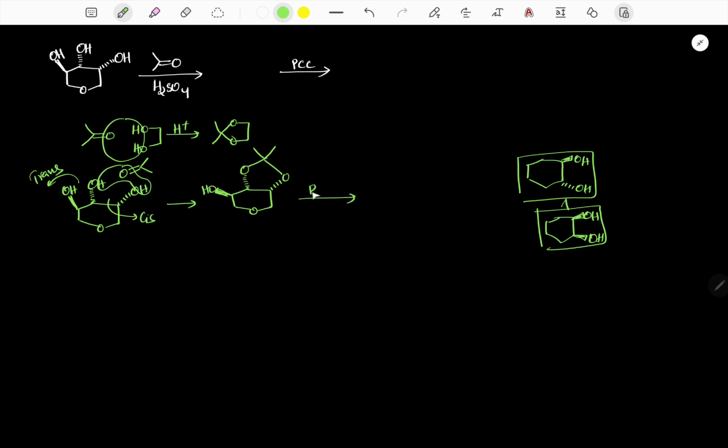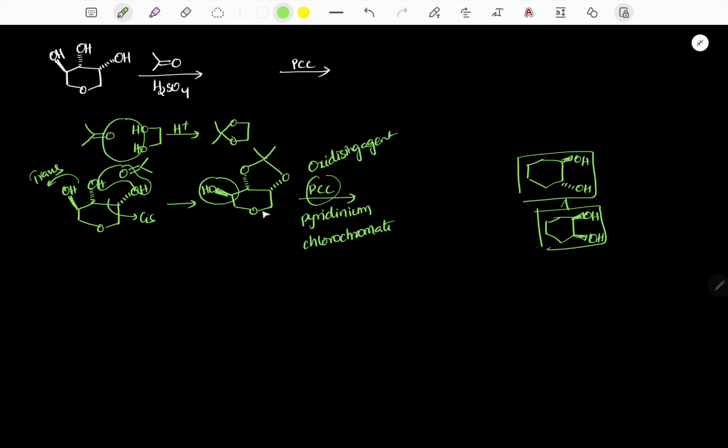Now it is treated with PCC. So PCC is pyridinium chlorochromate, and it is an oxidizing agent. Therefore, here a secondary alcohol is there.